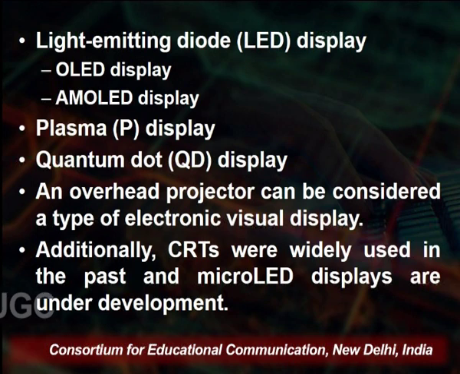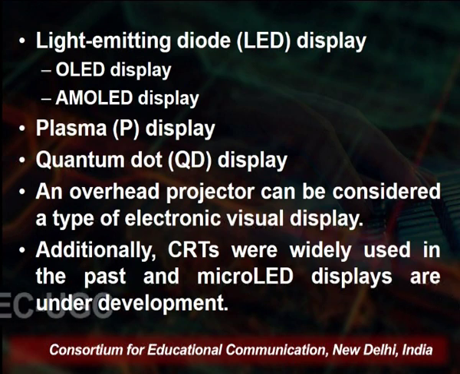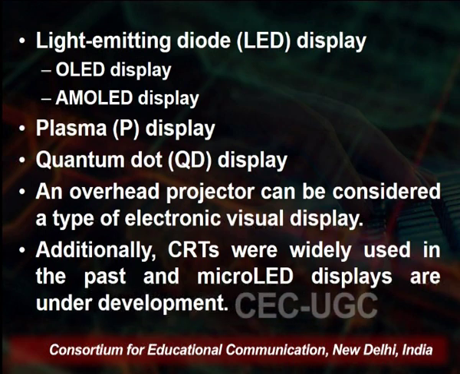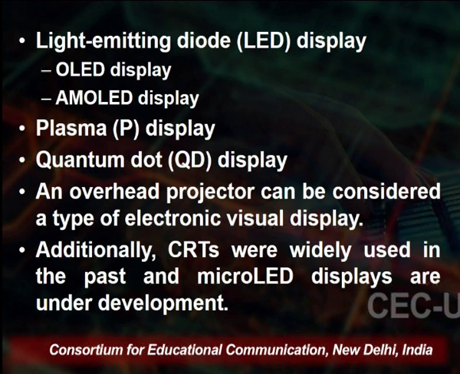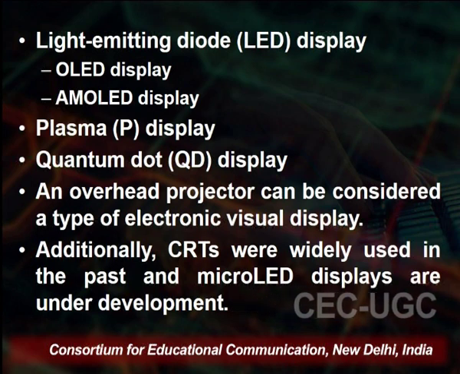An overhead projector can be considered a type of electronic visual display. Additionally, CRT, cathode ray tubes, were widely used in the past, and micro LED displays are under development. CRT was used previously, and nowadays we use the LED display for getting the output.